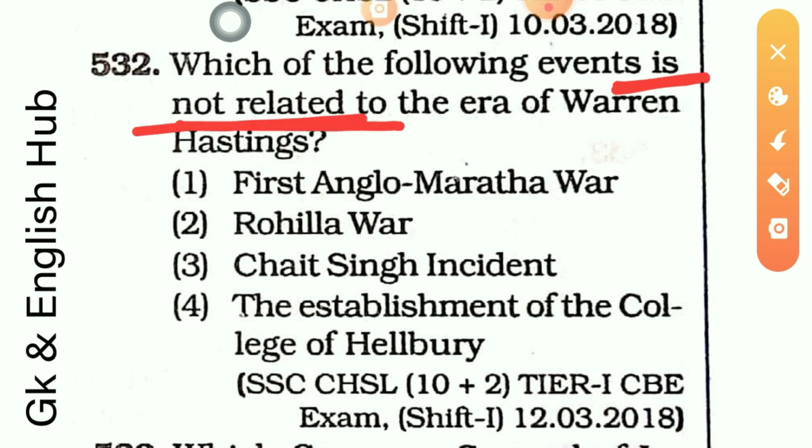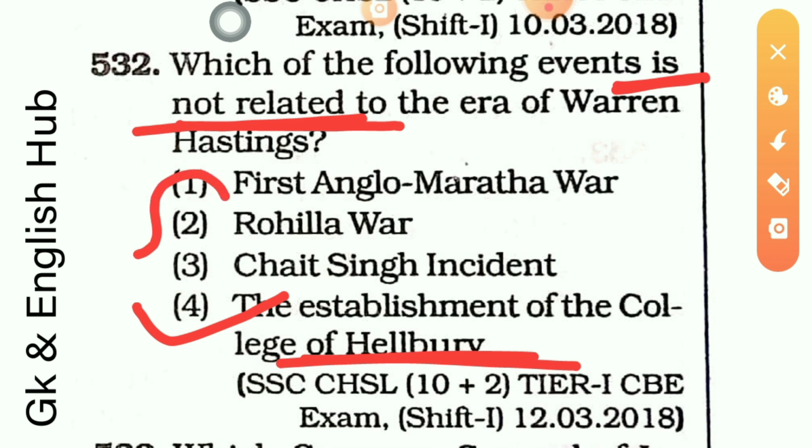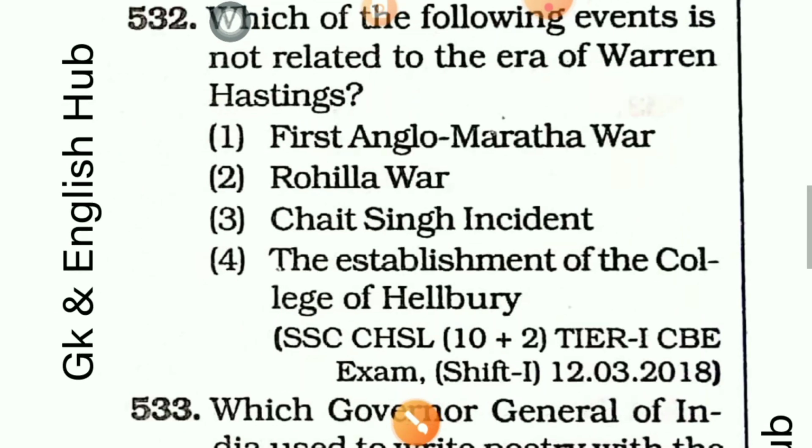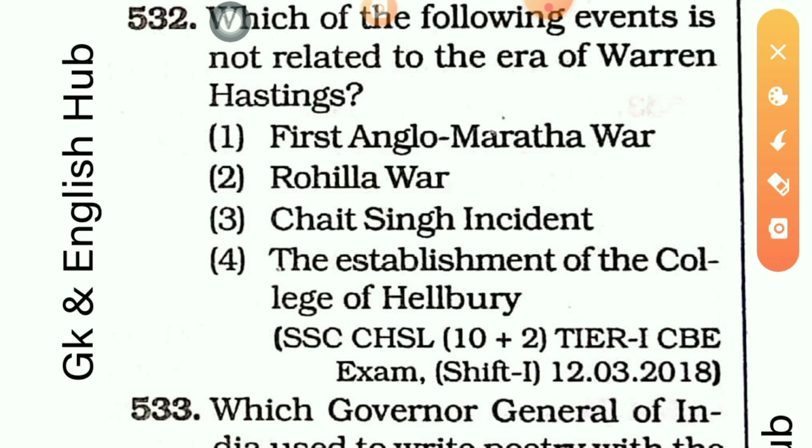So it is the establishment of College Hellberry. It was not. And all these three happened during his tenure. So remember all these three options: First Anglo-Maratha War, Rohilla War, Chait Singh incident. If they ask you, taking just one option, that this incident happened during the time of, then you have to give the answer Warren Hastings.